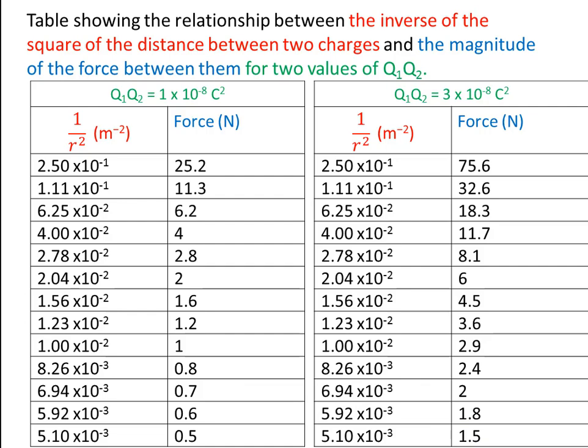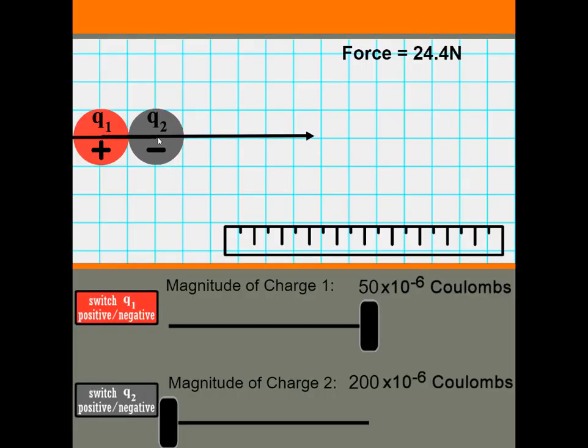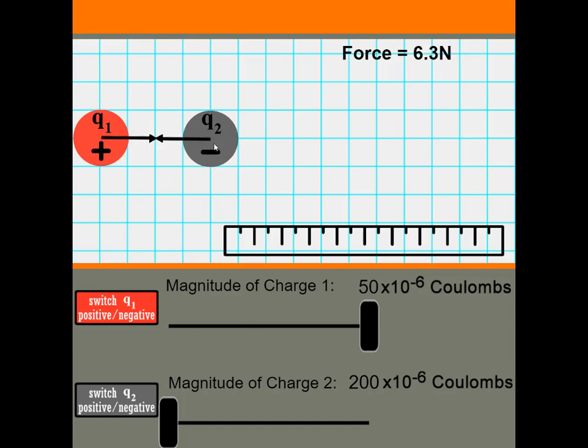Sometimes you will not find it exact. 4 times 3 equals 12, not 11,7. Remember that we do have quite a bit of experimental error here, because to position the particles exactly at the right place within the simulation is rather difficult, because 1 meter is shown as a very little distance, whereas actually 1 meter is quite far.